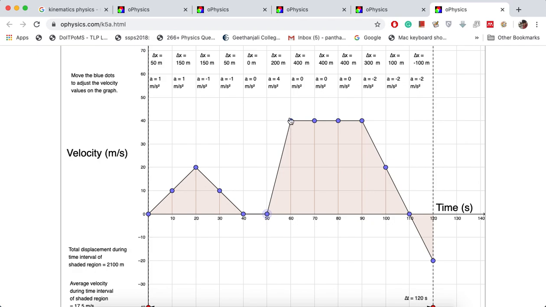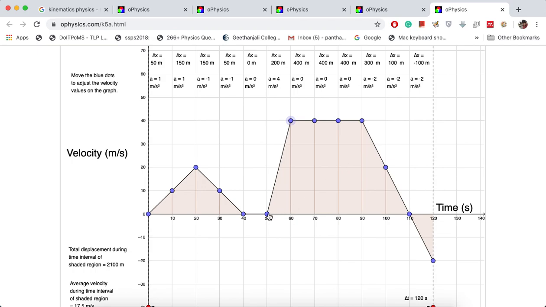For the next 10 seconds the velocity is increased to 40, so the acceleration is 4, and it maintains the same velocity for the next 30 seconds, so the same distance is traveled in each 10 seconds. This is how we can analyze the v versus t graph and how the acceleration varies.